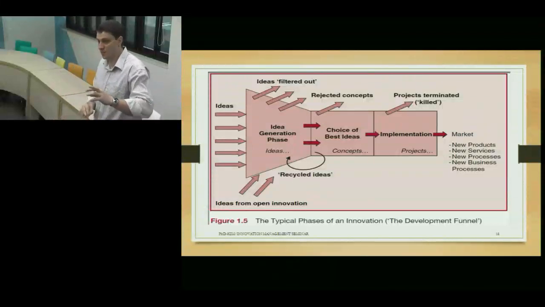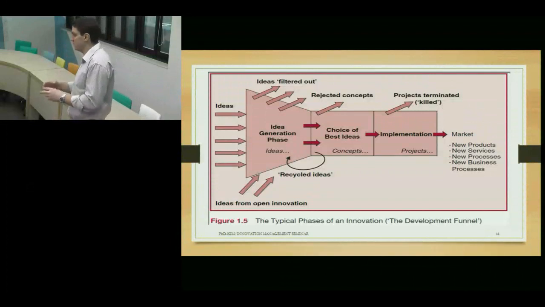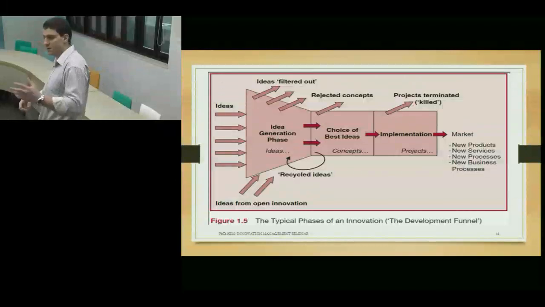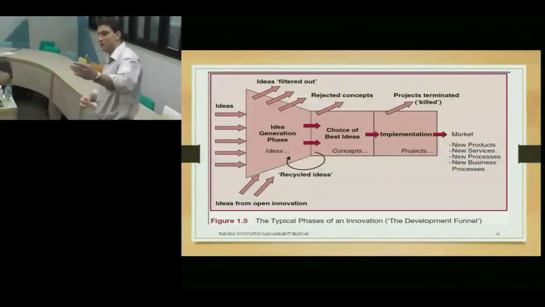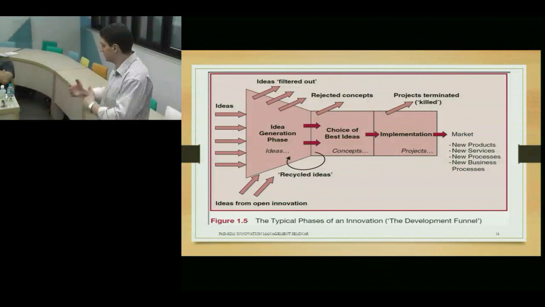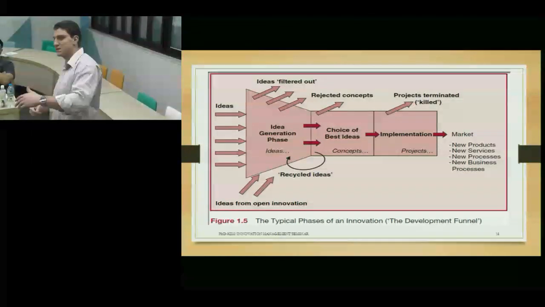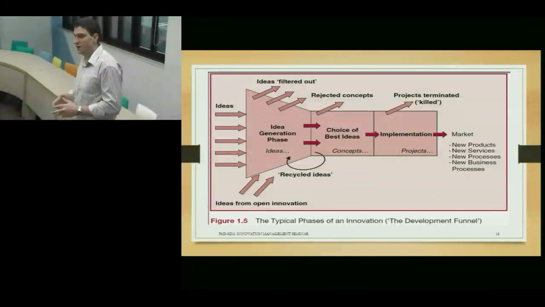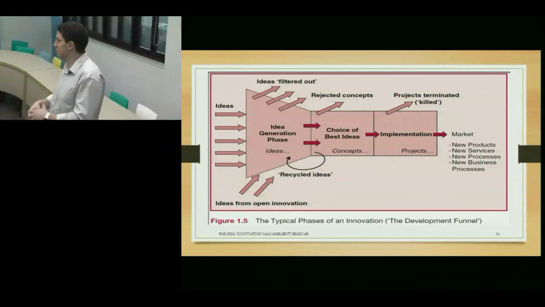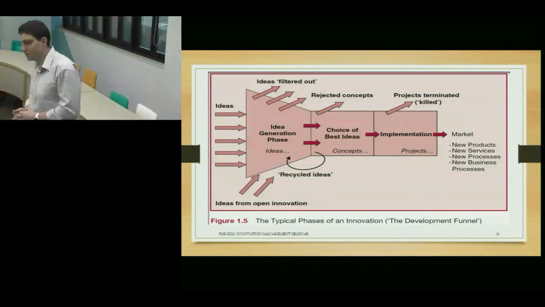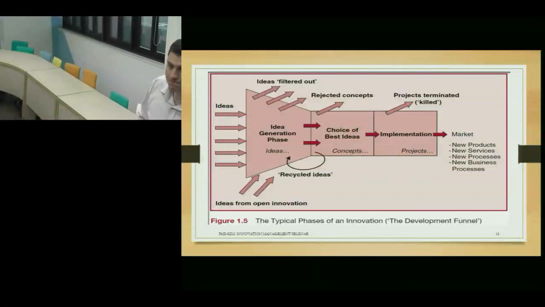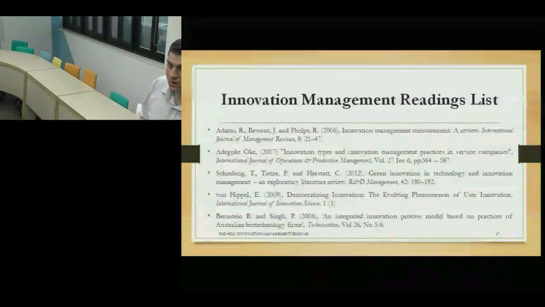Then, of course, some ideas will be chosen and further exploited, and some ideas will be rejected. Some ideas also will be recycled for future use. And of course, some projects will be terminated, some others will continue, and at the end we will have one or two projects that will go to the market as new products or new processes, whatever that is.